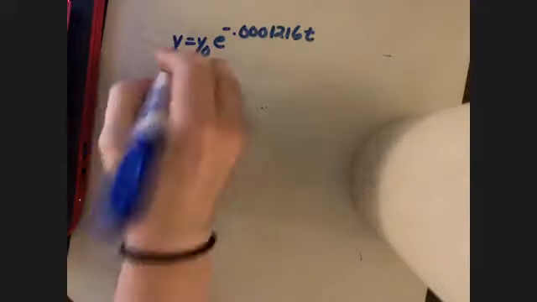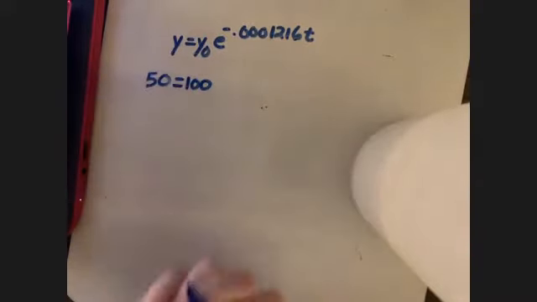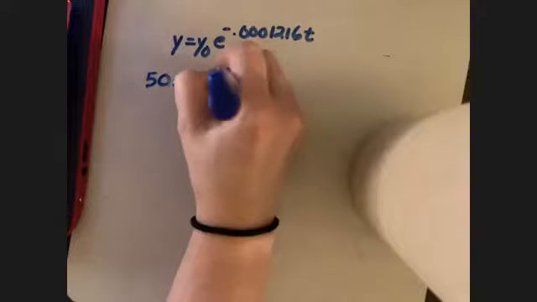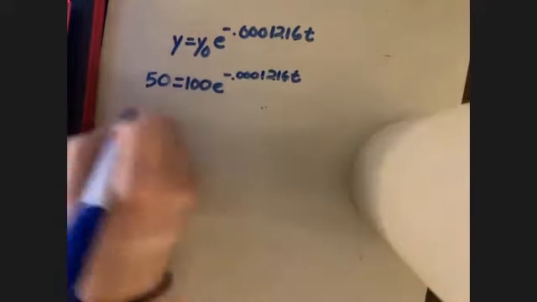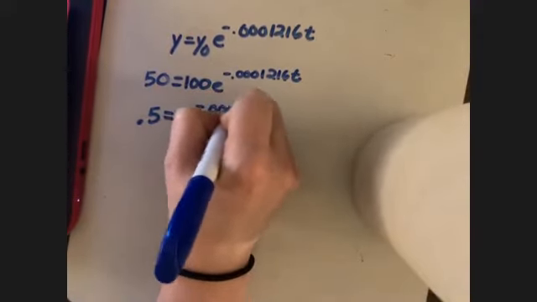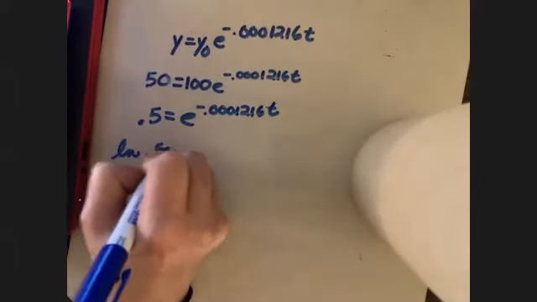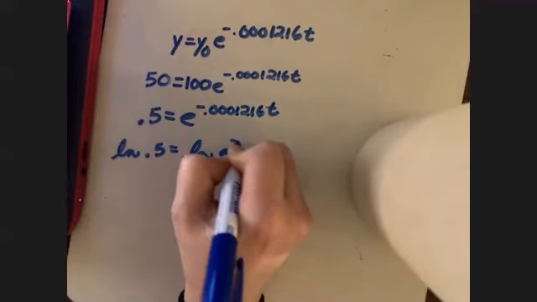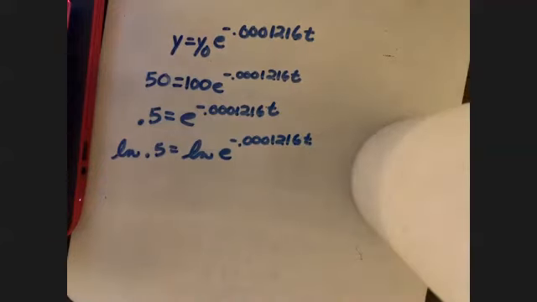So again, knowing that a half-life is half, pick something that's an easy number. 100 is an easy number. Half of it is 50. So we're going to divide by 100. This is looking eerily familiar. And again, here we go with natural log and e.